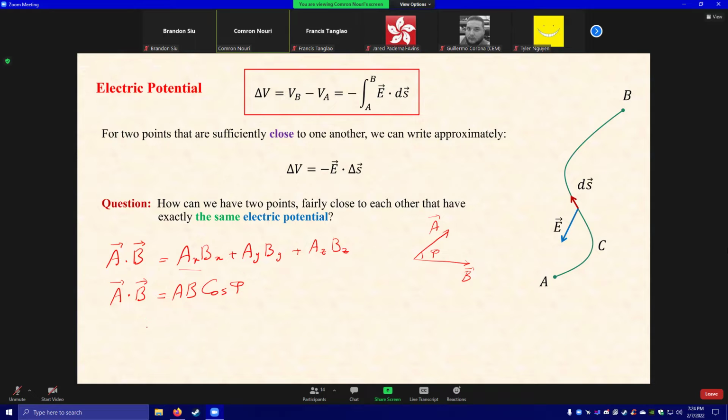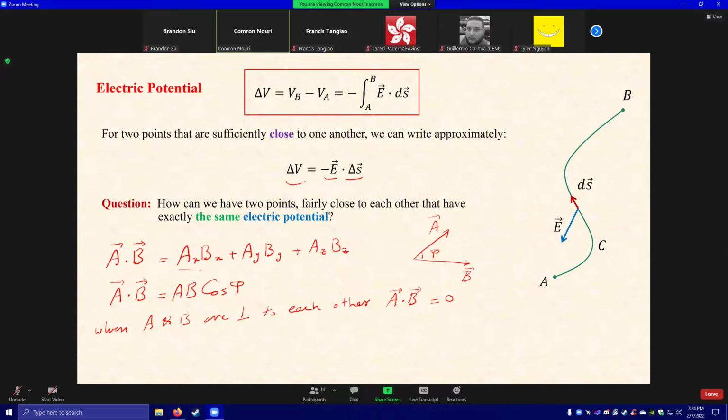So when A and B are perpendicular to each other, A dot B equals zero, right? So you can have delta S non-zero and E non-zero and get delta V equal to zero.